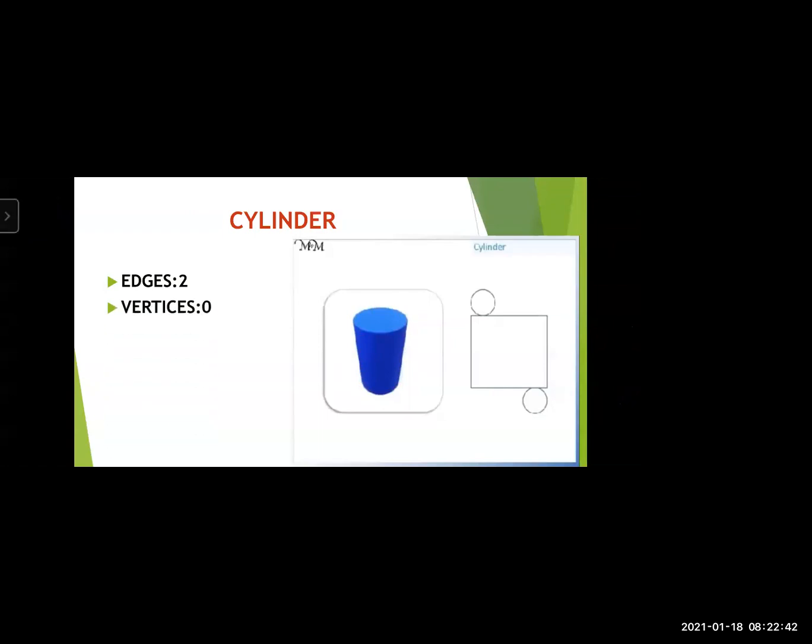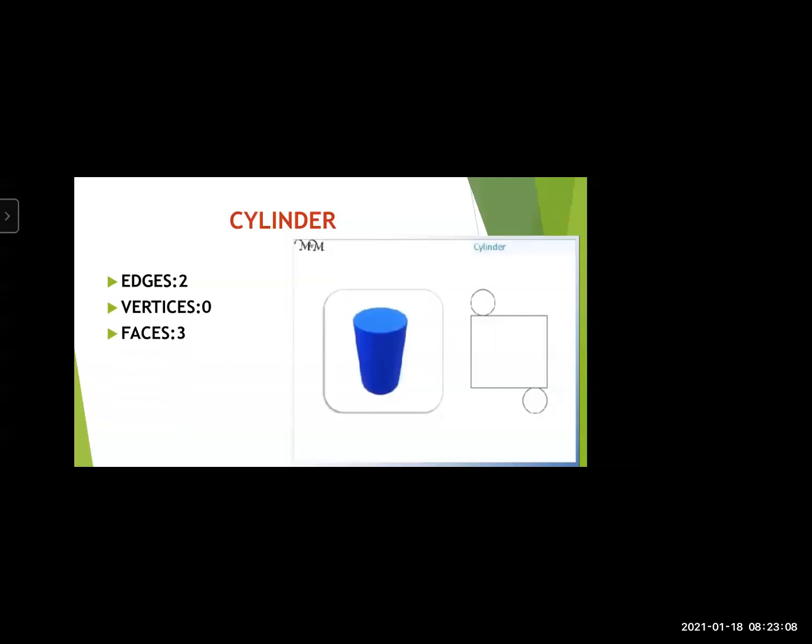Vertices. Vertices means where the two sides meet each other. But here, these two edges are parallel to each other. So here they don't meet each other. That's why in cylinder, we don't have a vertex. That means this figure doesn't have vertices. So here the answer for the vertices is 0 and edges 2.